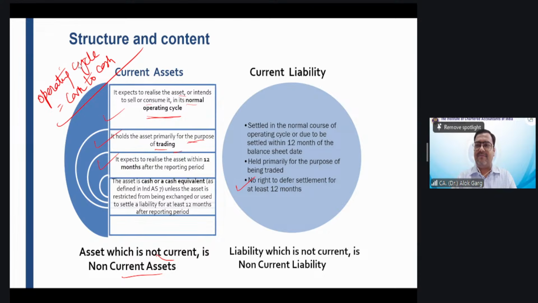If I am in a business where I sell goods to a customer who has given me a one-time security, and I say I have to refund all the money within 12 months from the reporting date, then whatever is there is completely my current liability.